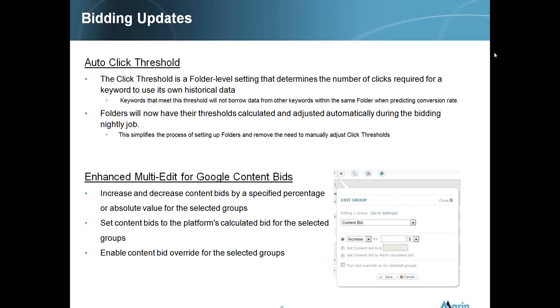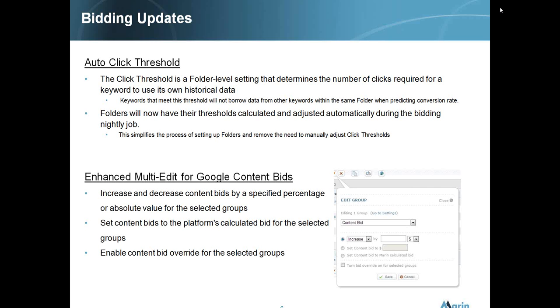Borrowing data is something that happens within Marin if a keyword does not have its own significant data, and this way it allows us to more accurately predict a conversion rate to use in the bidding algorithm. So the threshold is the number of clicks that we'll use in that historical data look back.